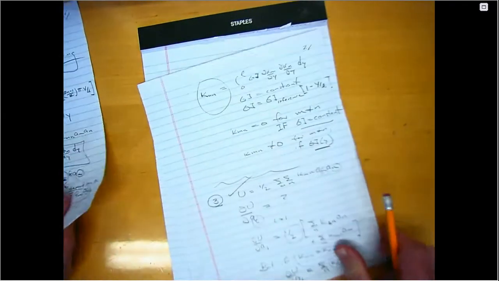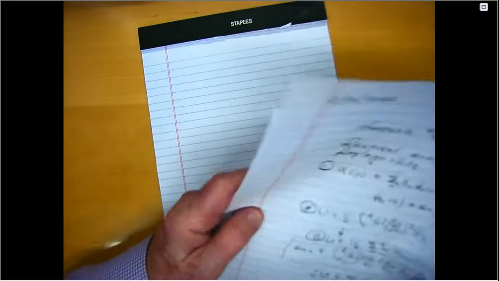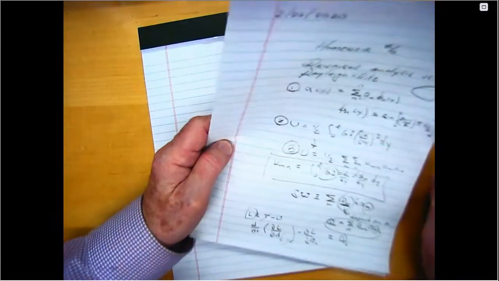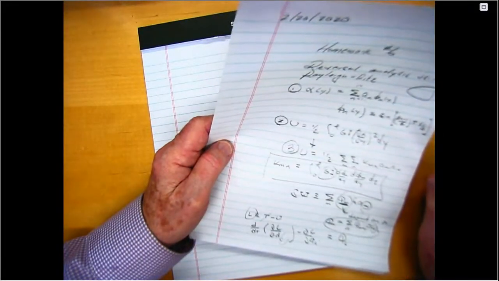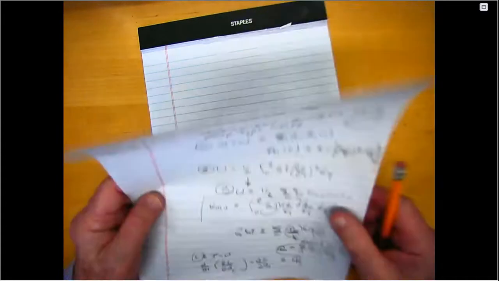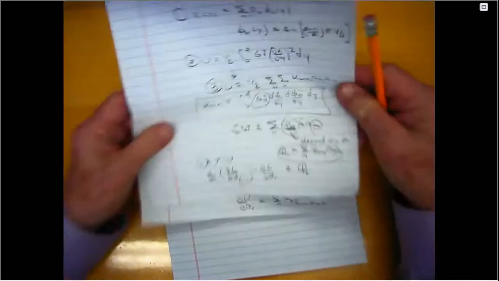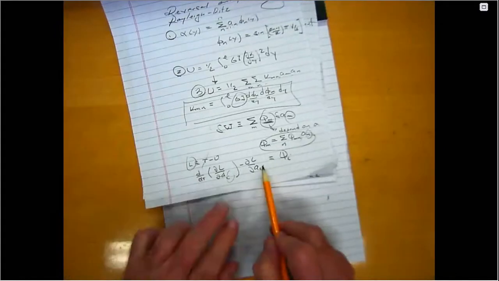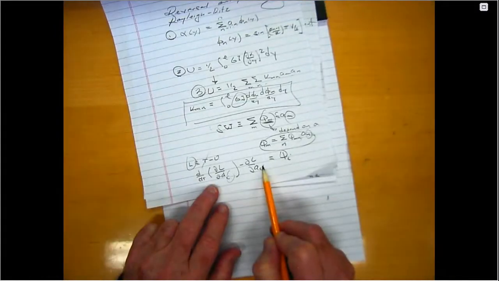Questions? Yes. For the final part, I don't get why you want to calculate the du over dAi? Why do I want to do that? Because I want to use the process equations. I want to use this equation to compute a relationship between the A's and delta.